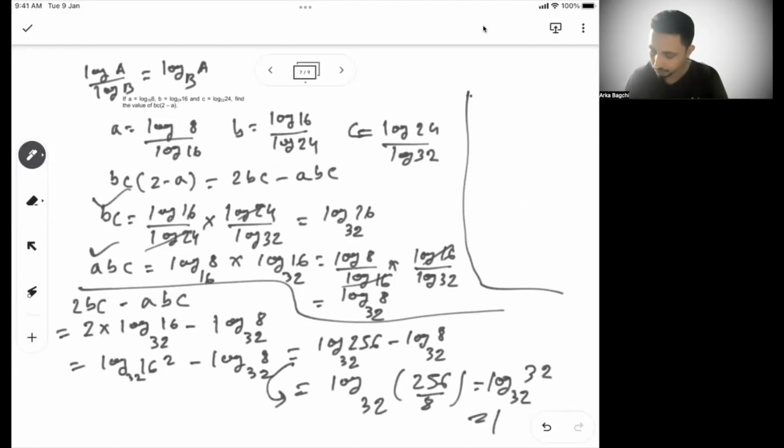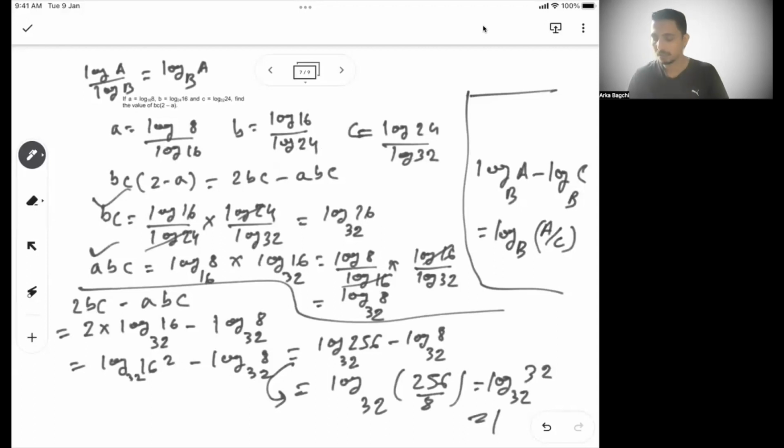We know log of a base b minus log of c base b is the same as writing log of a by c base b. So log a minus log c is basically log of a by c with the same base. Similarly, 256 by 8.